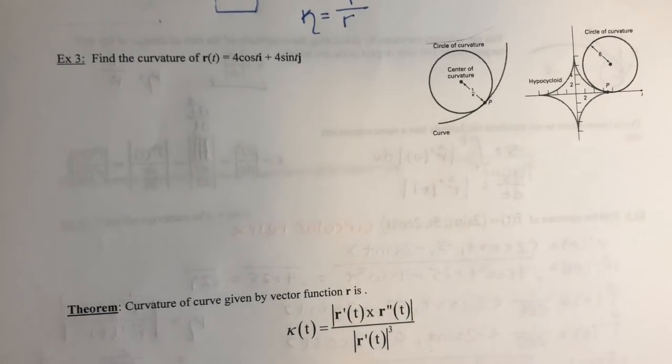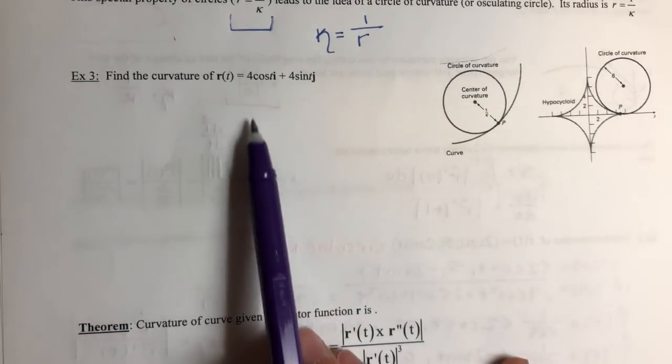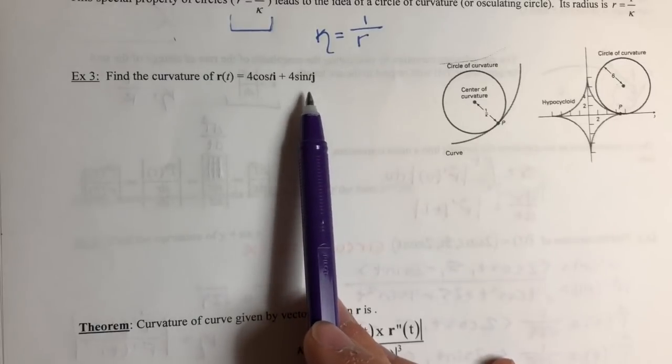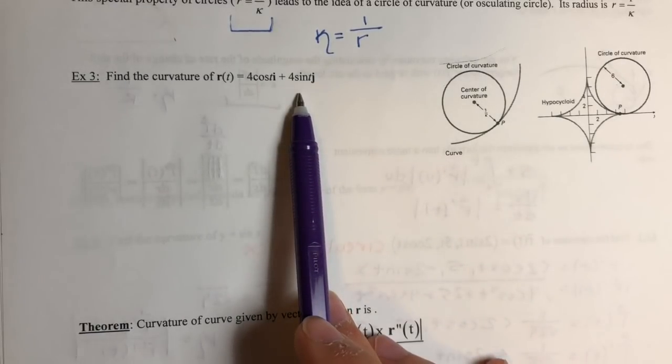All right, let's do another example, okay? This will be really short because I want you to notice something. When we find the curvature of this equation, 4 cosine plus 4 sine, you should automatically recognize that this is a circle, okay?